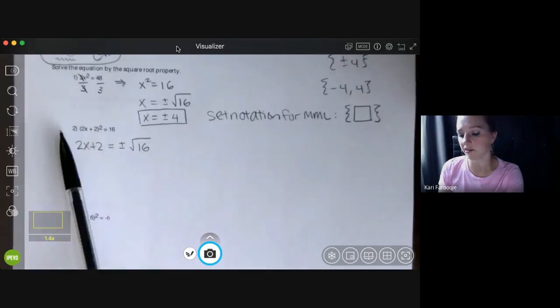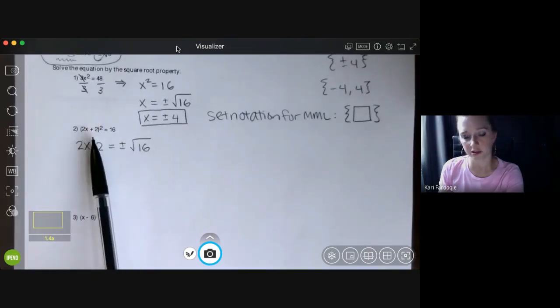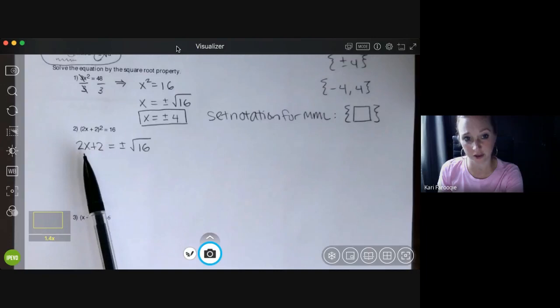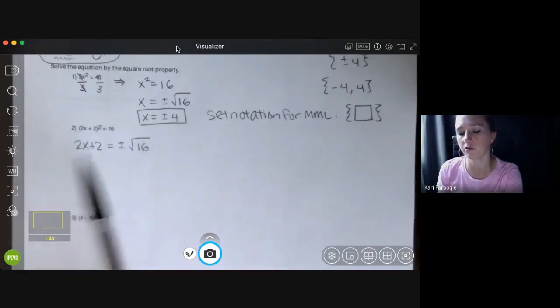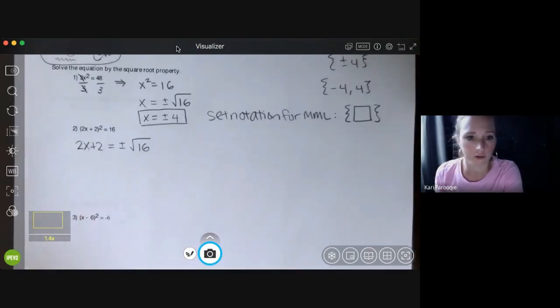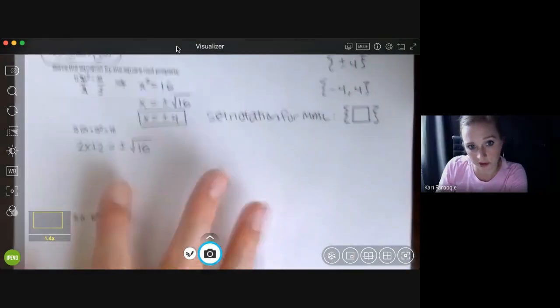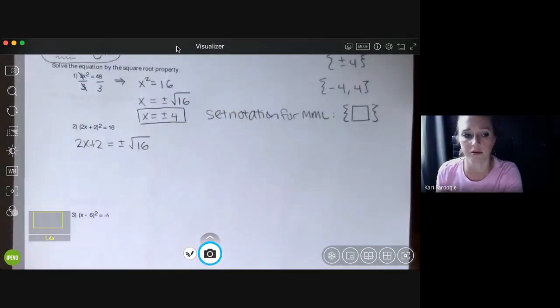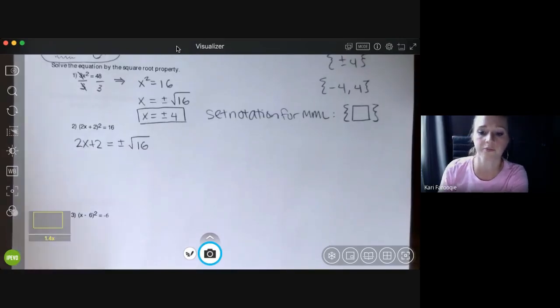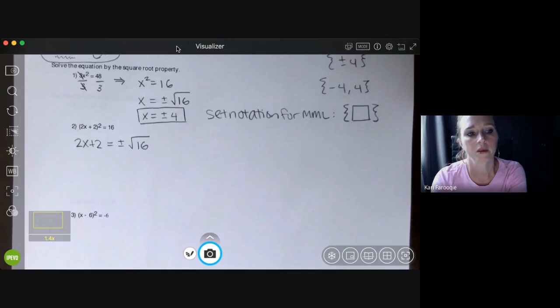So my guess is if you go through all the work of foiling this out, subtracting 16, and then solving it using another method, you leave more areas to run into mistakes. Okay. So this is easier, fewer steps, but there are many ways to solve quadratic equations. Any other questions here?